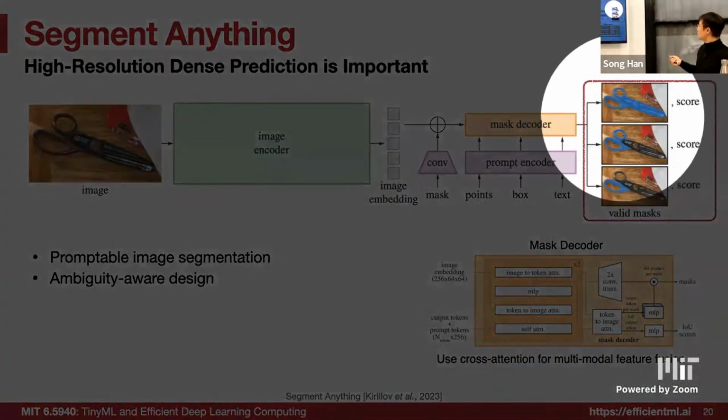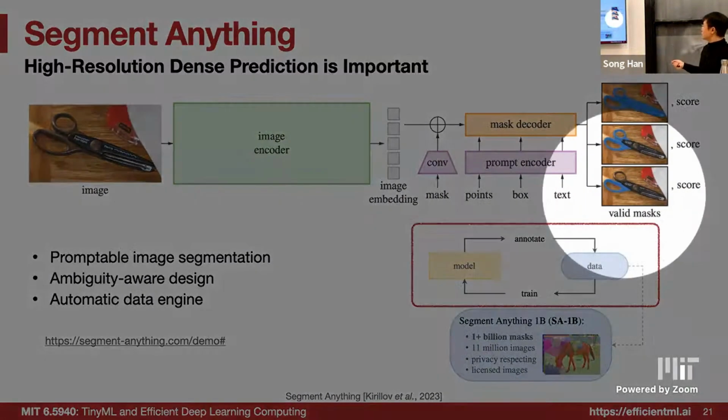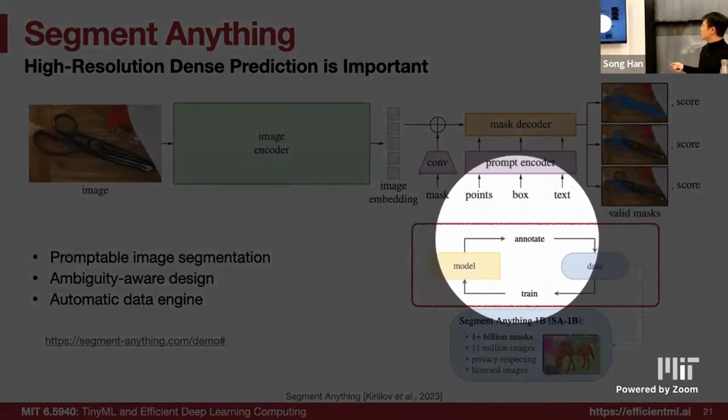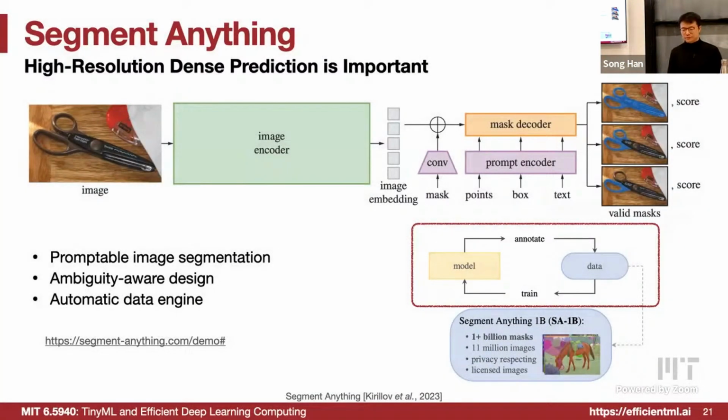Like you can segment the entire scissors, or only the handle, or only one of the handles. It has an automatic data engine to use this model to annotate more data and use more data to train the model. Okay, so those are some of the use cases of dense prediction. And the use of ViT as the image encoder enables a lot of applications.